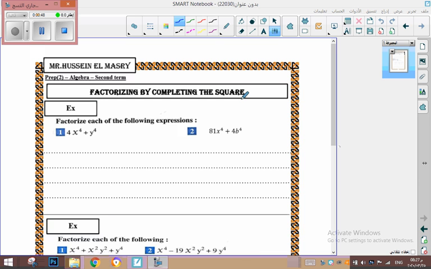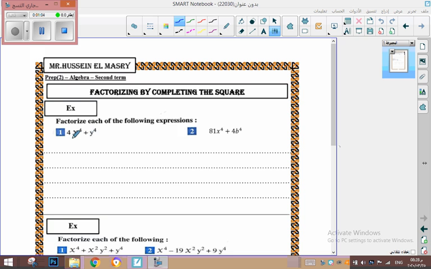Again, we will use this method if I have an expression like that, consisting of two terms, and the sign between them is positive.